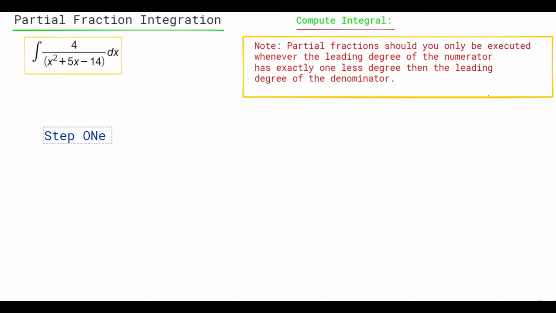for step 1, the first thing we do is we drop the integral sign and we factor the denominator.